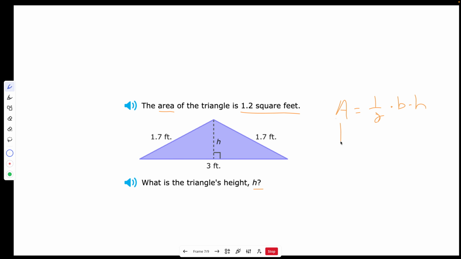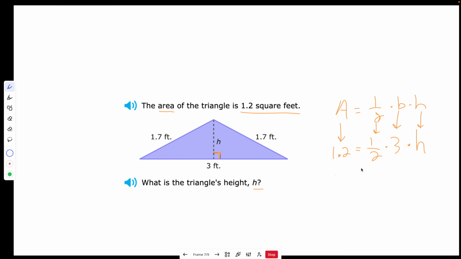In this problem, we know the area is 1.2. Let's put that in. Equals 1/2 times the base, which we do know here, that would be 3, times the height, which we don't know, so let's leave it as h. Okay? So we know where everything came from here. So now, this is an equation.